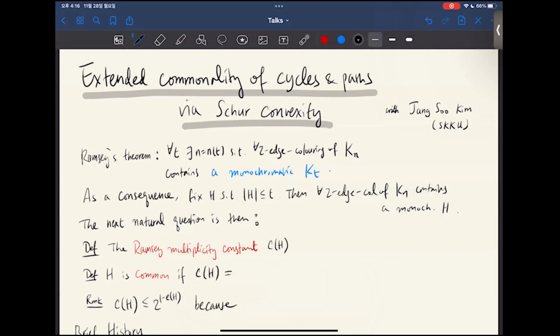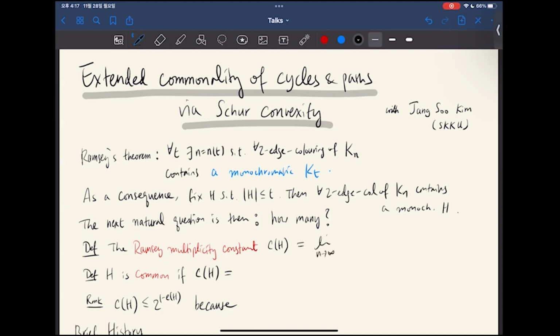Yeah, so the next natural question is then, how many? So how many monochromatic copies of H are there in a two-edge coloring of Kn? So here, the question is how many we can guarantee. So let me just define the Ramsey multiplicity constant in a kind of rough way.